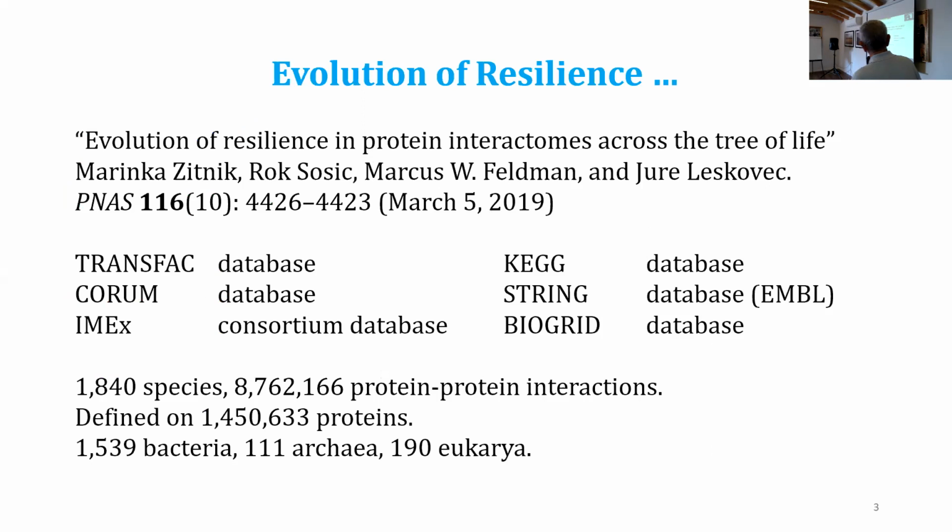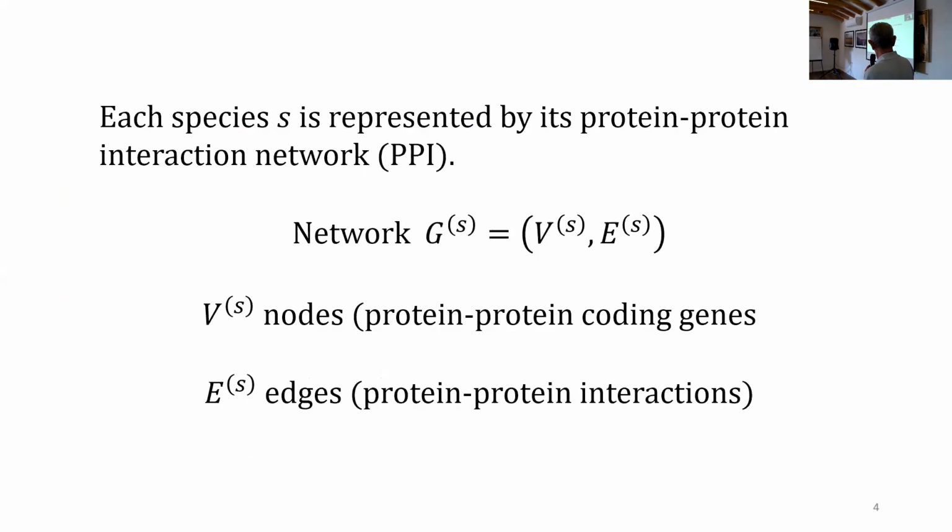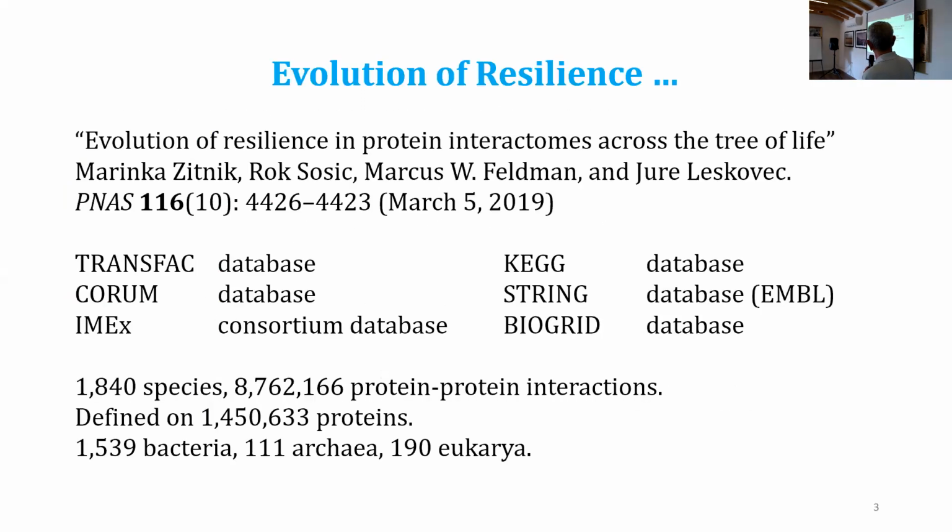So the first topic, the evolution of resilience in protein interactions across the tree of life. Marinka Zitnik, a postdoc in our computer science department, just took up her first faculty position at Harvard. And this is an analysis of a very large database.